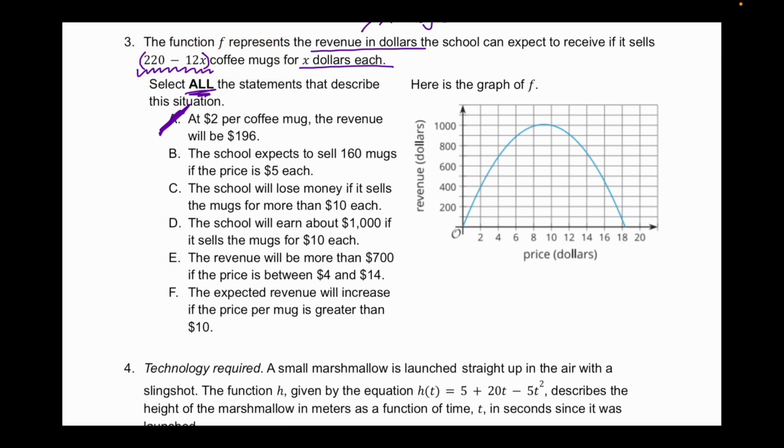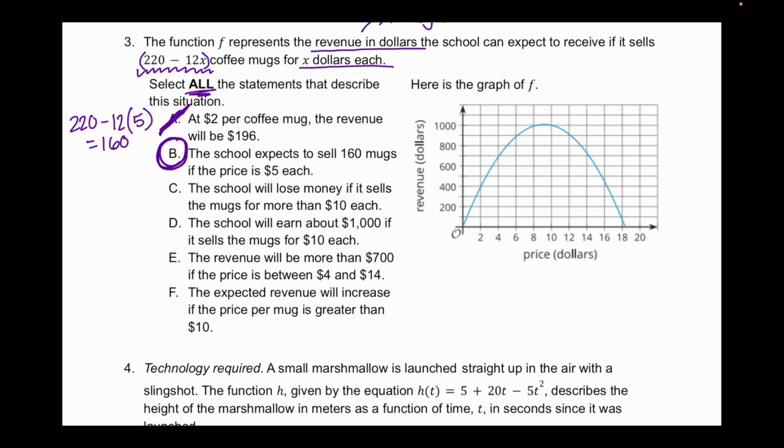So we're going to work this out over to the side. If it's $5 each, that's X. So we're going to do 220 minus 12 times 5, or 220 minus 60, and that is 160. So this is an answer. This is true.